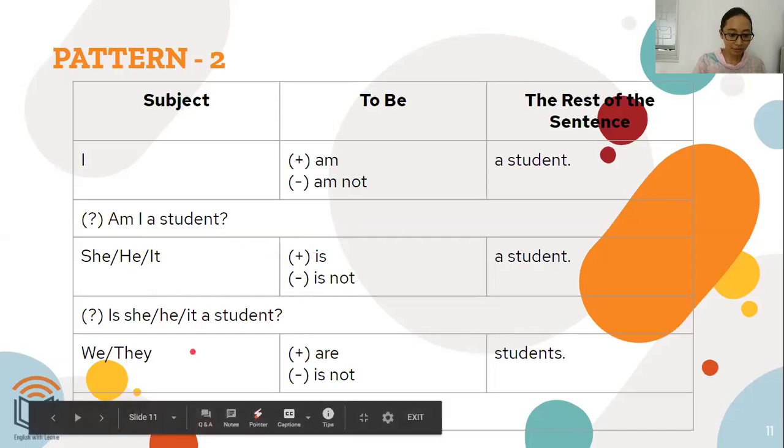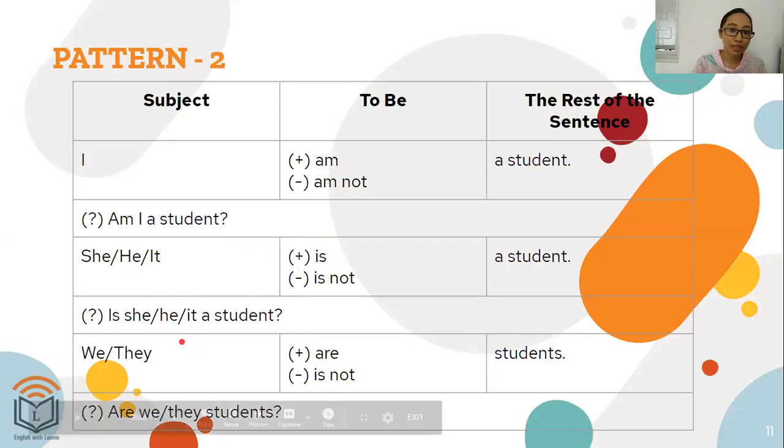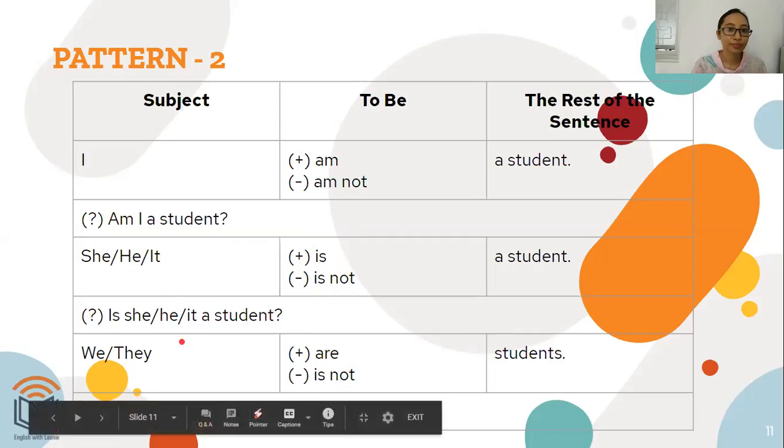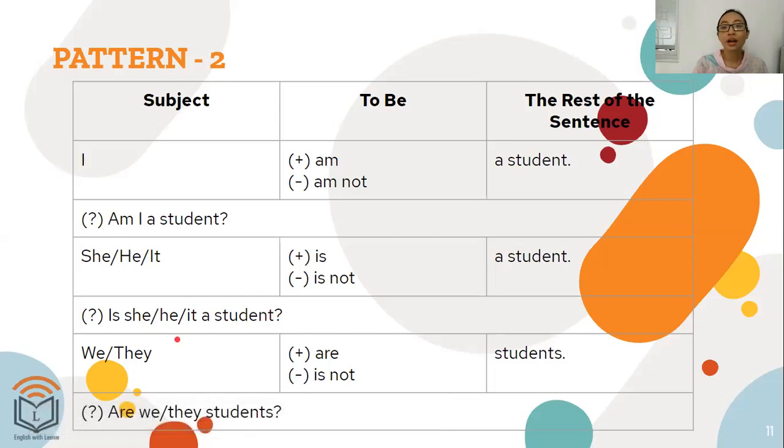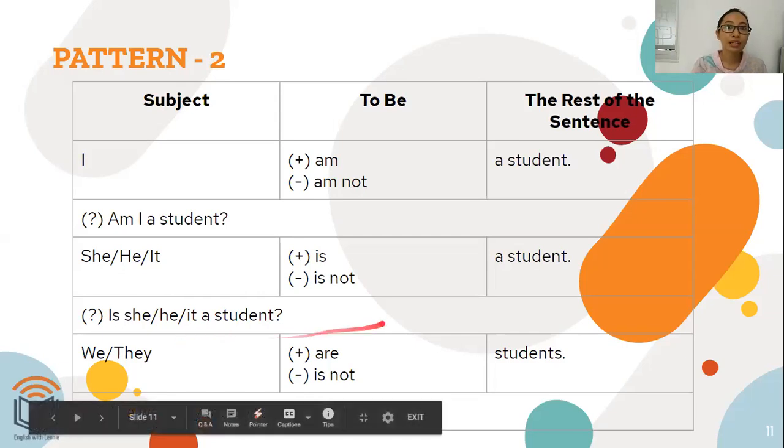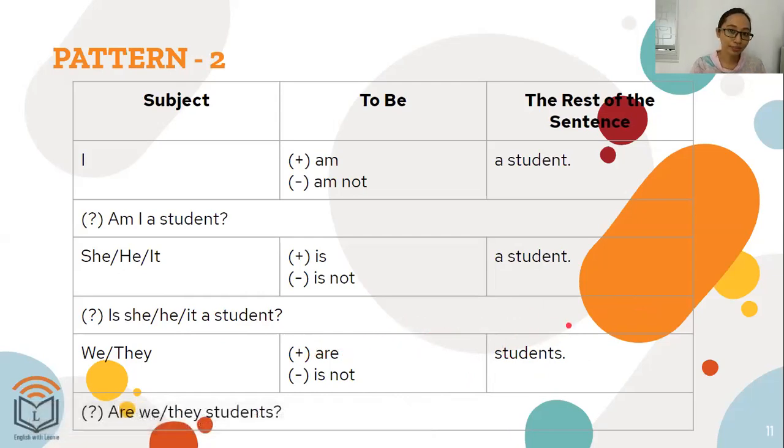And well, if the subjects are we and they, the to be is are. We are students. They are students because it is more than one. So the noun here is plural. We are students. They are students. And to make it negative, just put not.